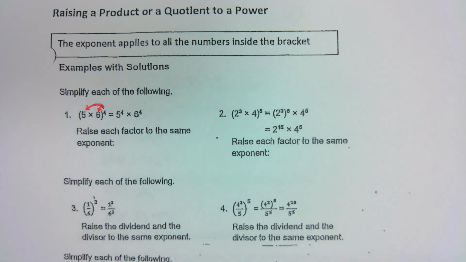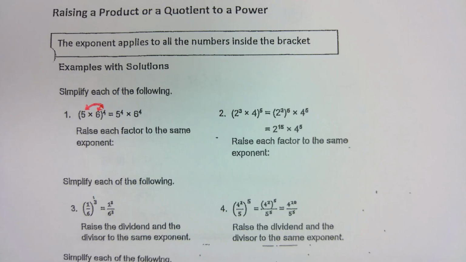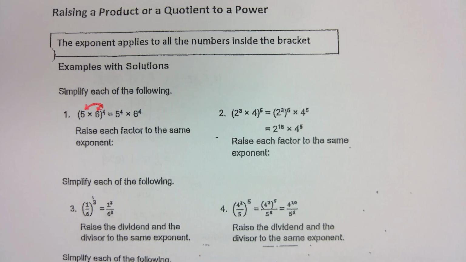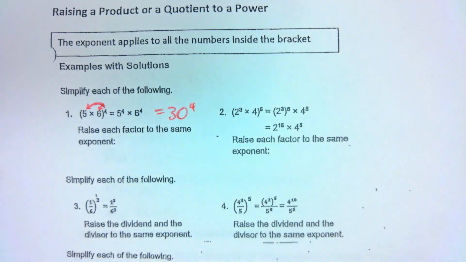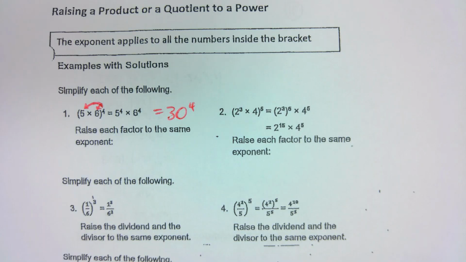Now, will it give me the same answer if I do 30 to the power of 4? All right, what do you guys think? Is this the same as 30 to the power of 4? Yeah. It is, yeah.